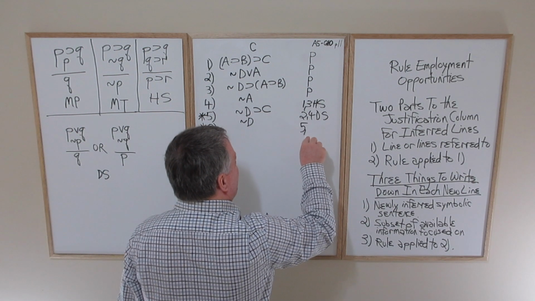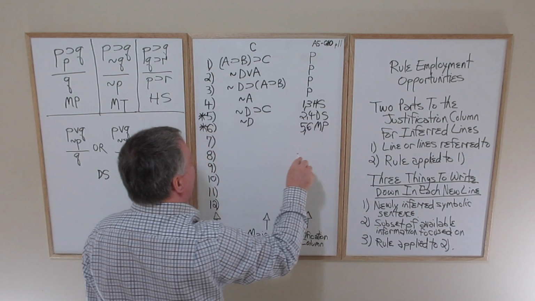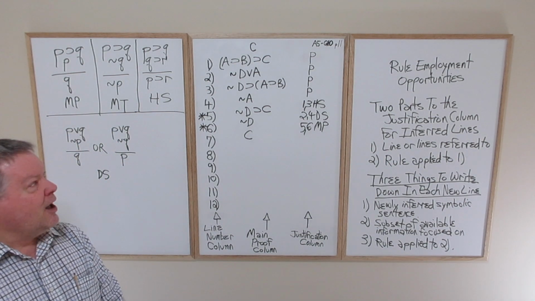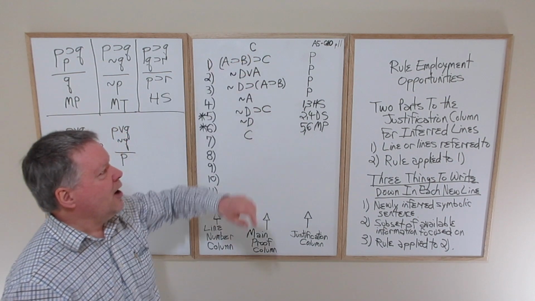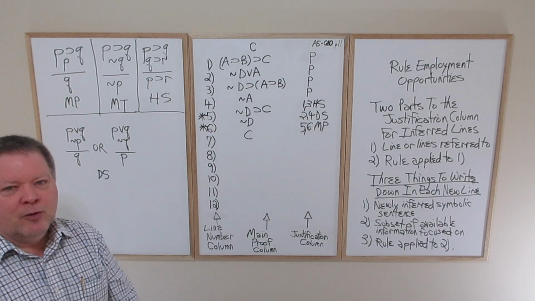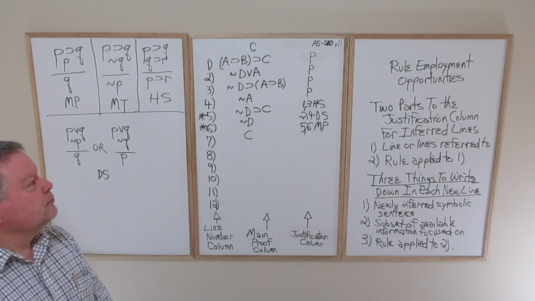We've got a conditional and its antecedent, which satisfy the modus ponens conditions and entitle us to validly infer the assigned conclusion C. So this is also an entirely correct answer.